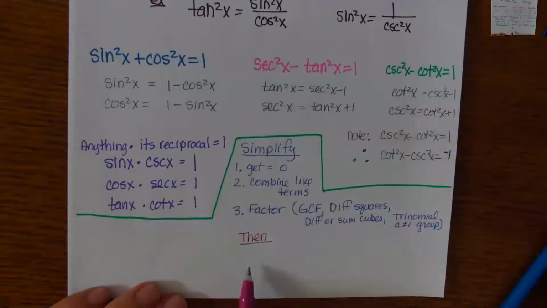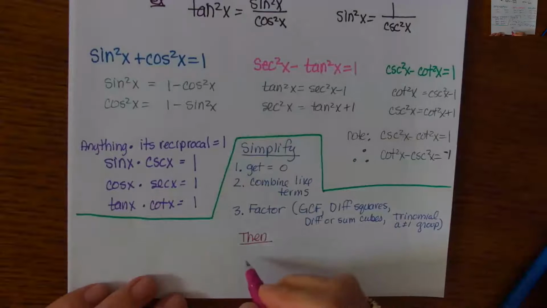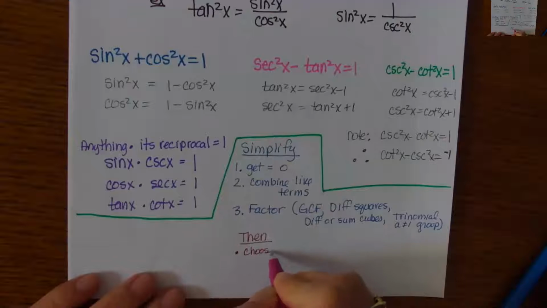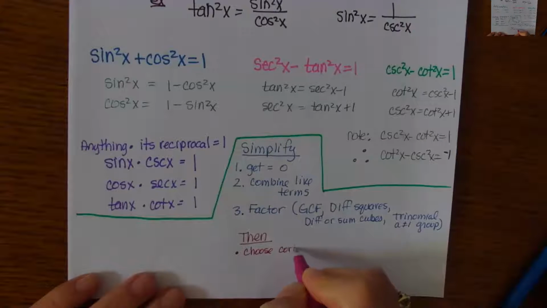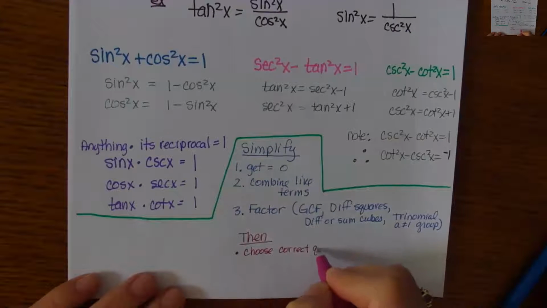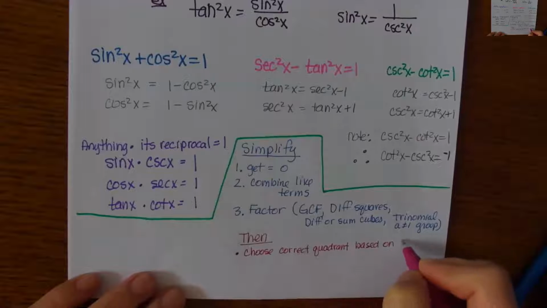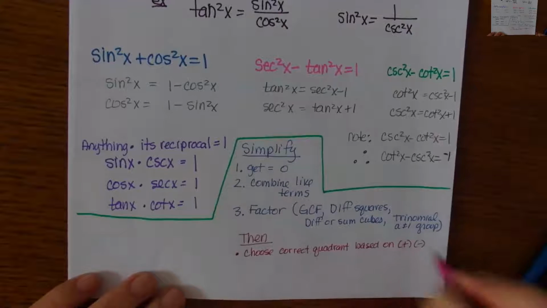After we simplify, when you have an equation like sine x equals 1/2, what do you have to do? You have to choose the correct quadrant, based on the sign, positive or negative, right?